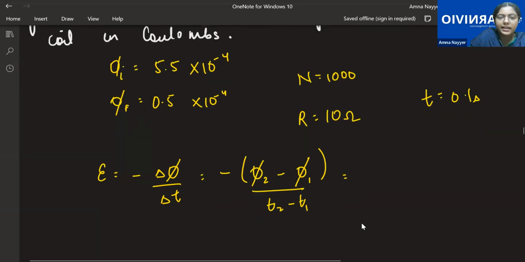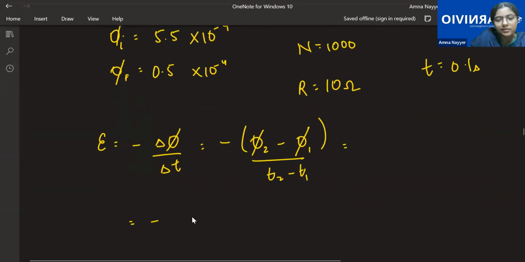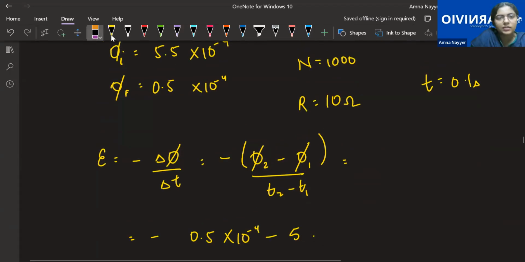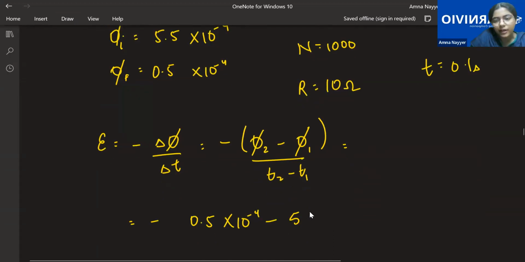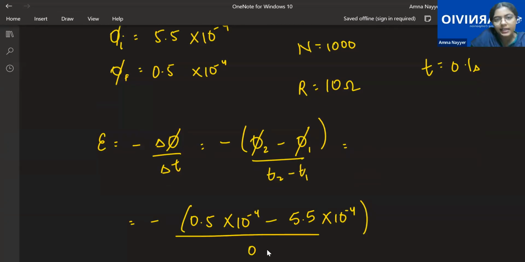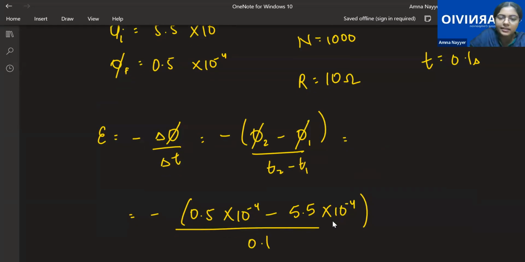Now, the second flux is given as 0.5 into 10 to the power minus 4, minus 5.5 into 10 to the power minus 4. This flux is divided by time, which is 0.1 seconds.